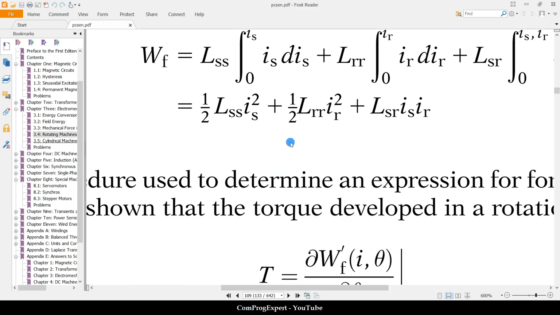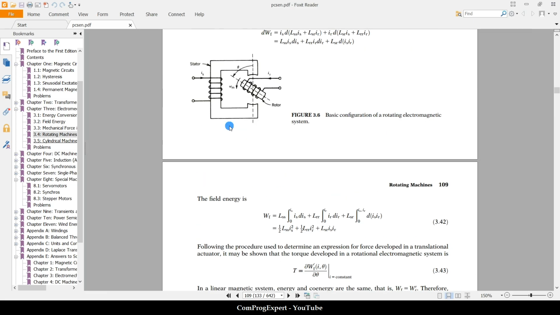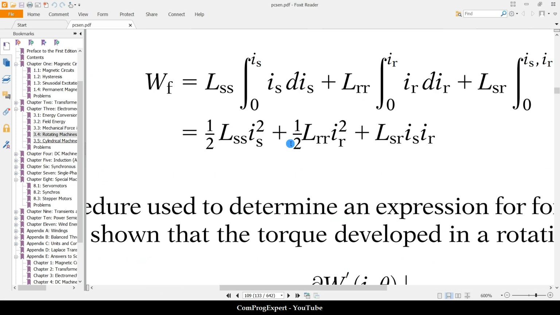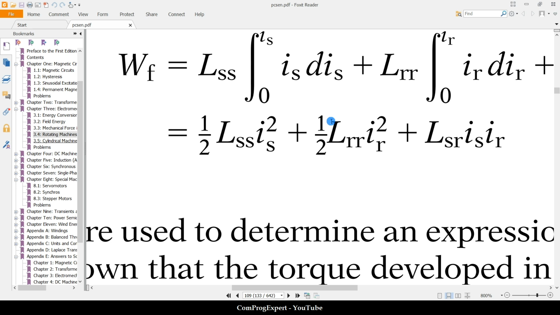The total energy stored in the magnetic field for this structure, where we have two coils, two excitations, is 1 divided by 2 LSS, the self-inductance of this coil, times IS to the power 2, plus 1 divided by 2 LRR IR to the power 2, plus LSR times IS IR.